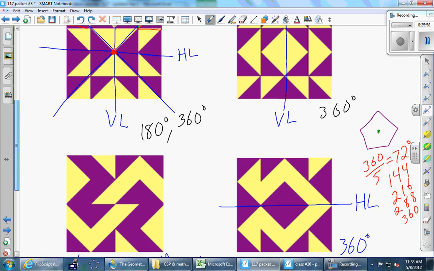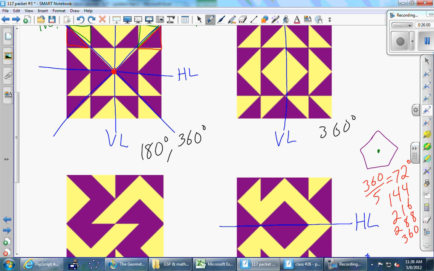If you tell me, like in this top left picture, there are 2 lines of symmetry, I guarantee you there's going to be 2 angles of symmetry as well. Always happens. What if I have some crazy picture in my mind, some object with 10 lines of symmetry? How many angles of symmetry will it have? It's going to have 10. You don't even need to know what the picture looks like. As soon as it has 10 lines, it has 10 angles.